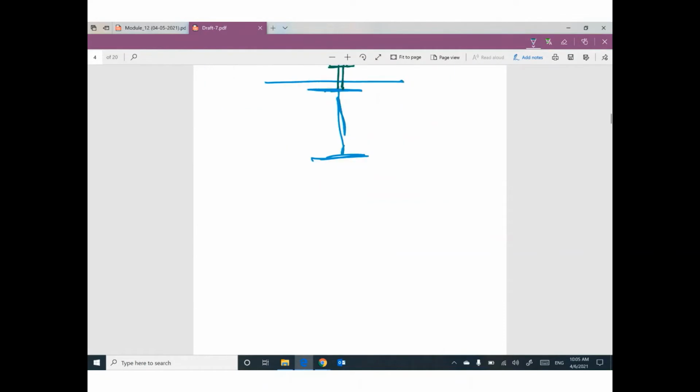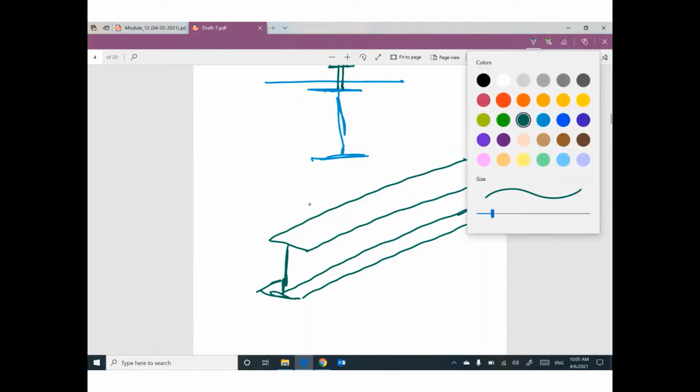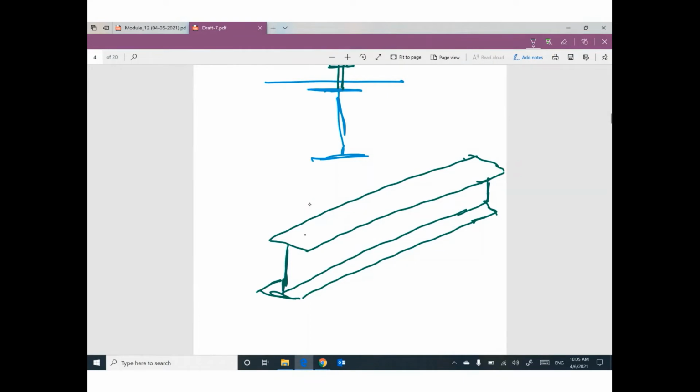By the way, if I draw this steel beam like this, this shear connector can probably be one row, like this, or 2 rows, like this.